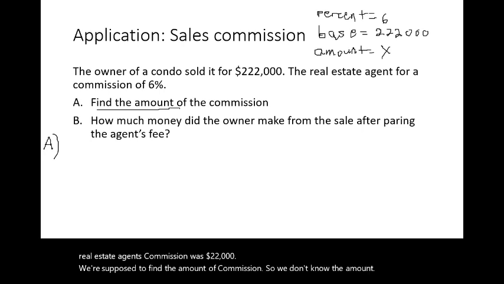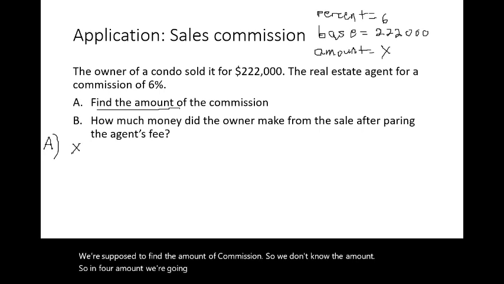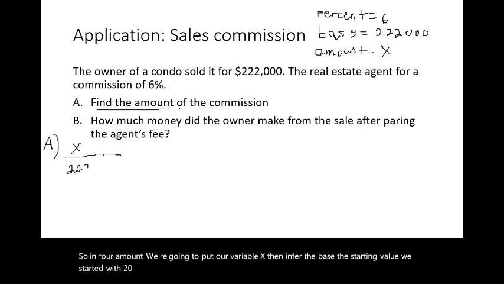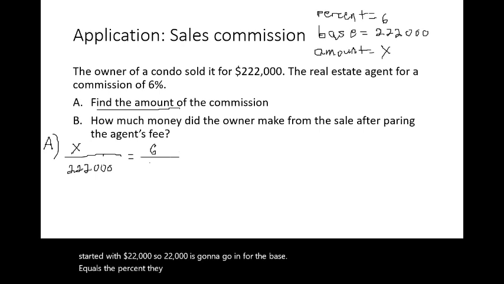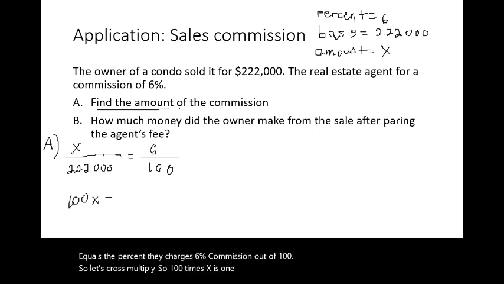So for amount, we're going to put our variable X. Then for the base, the starting value, we started with $22,000, so $22,000 goes in for the base, equals the percent, they charge a 6% commission, out of 100. So let's cross multiply. 100 times X is 100X, equals 22,000 times 6.